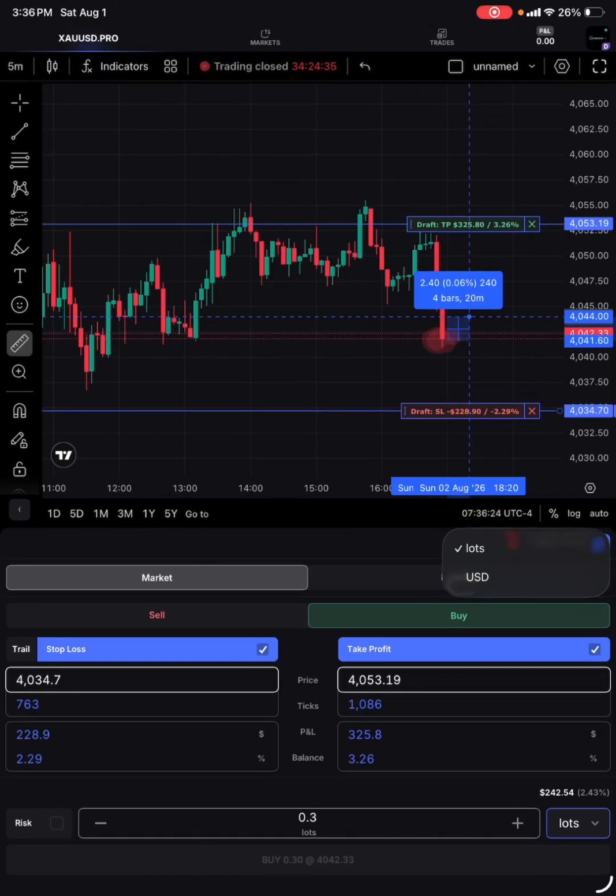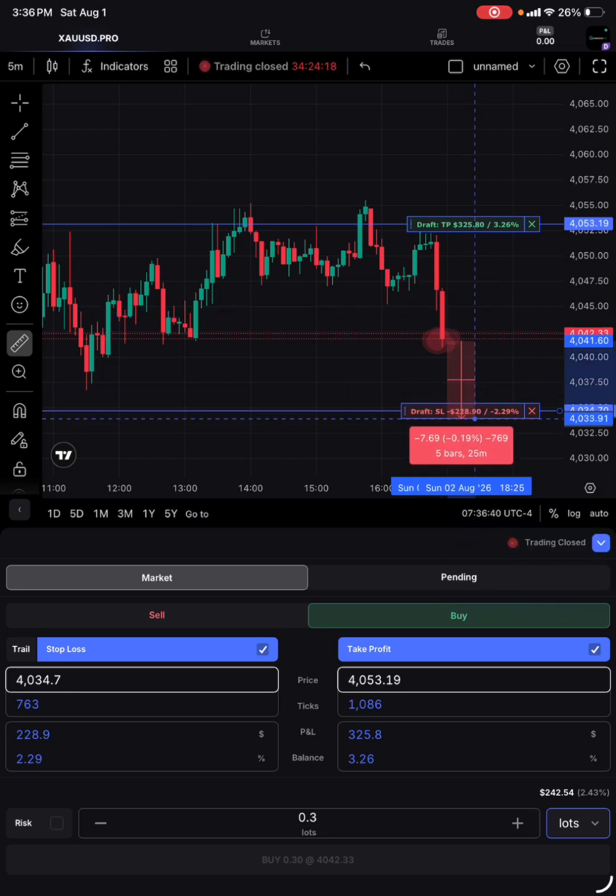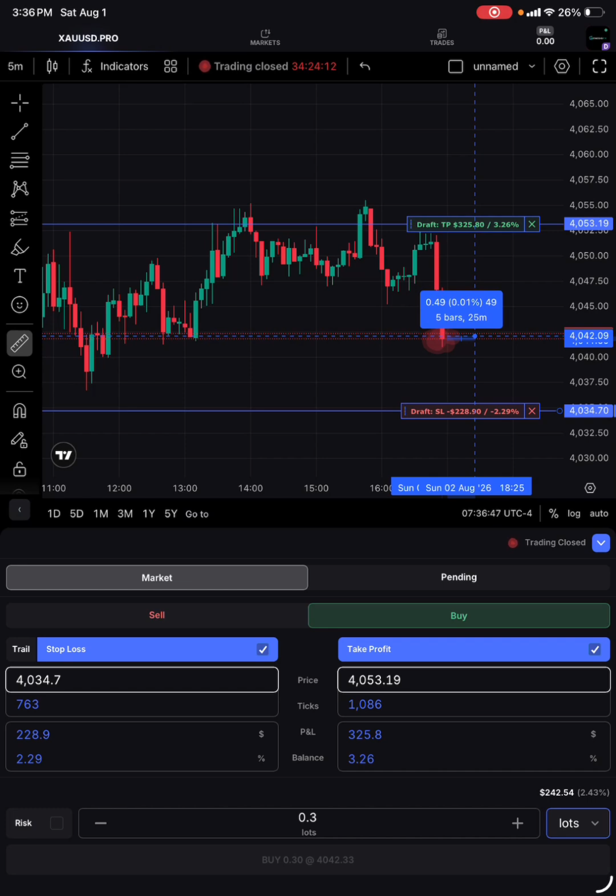So I'm risking 200 to gain 325, 2% risk to gain 3%. And I'll show you how I draw that out as well. This is 20, this is 30 pips. My stop loss from down here, where I'm risking 70 pips, automatically comes right here, which is what we call break even. And then once we're 50 pips, I'm already taking partials.